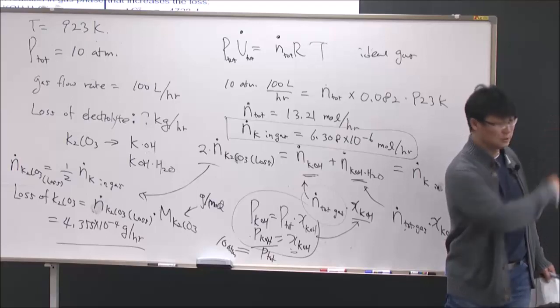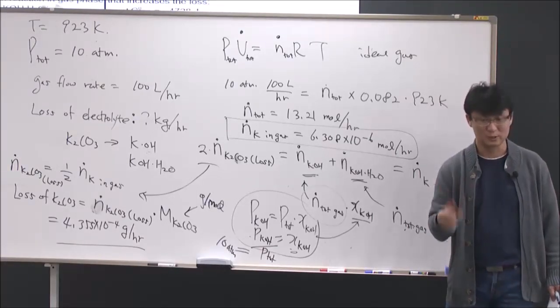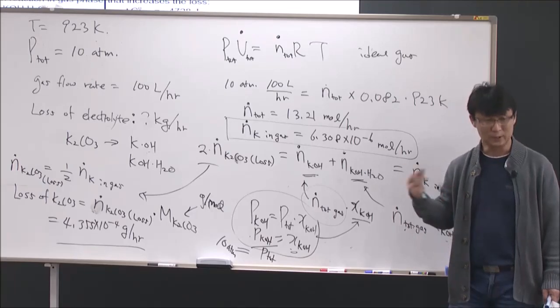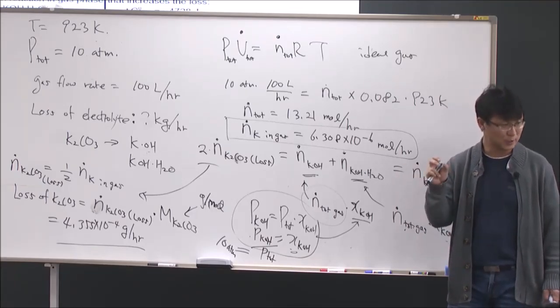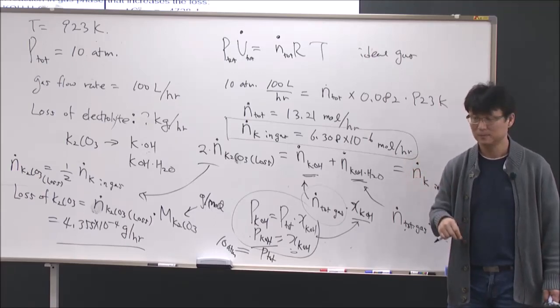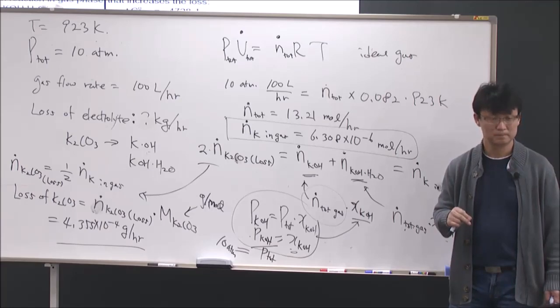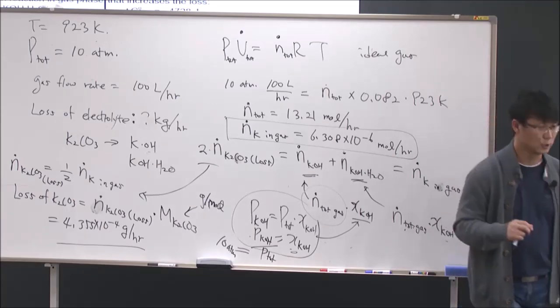And if there are several hundred kilograms of molten salt inside this kind of reactor, the real loss by the chemical reaction is very, very small. So over 10 years, there's almost no change. Okay? You good?